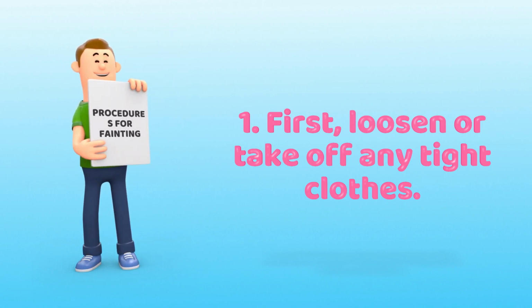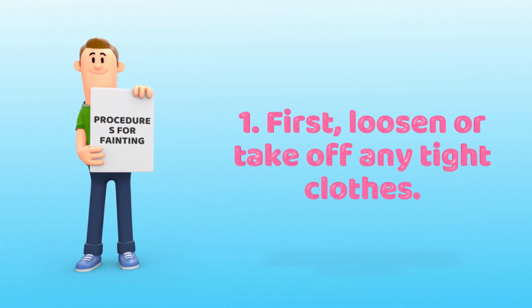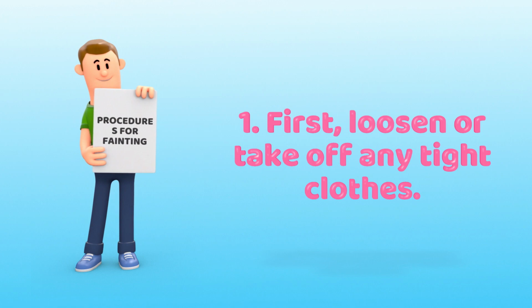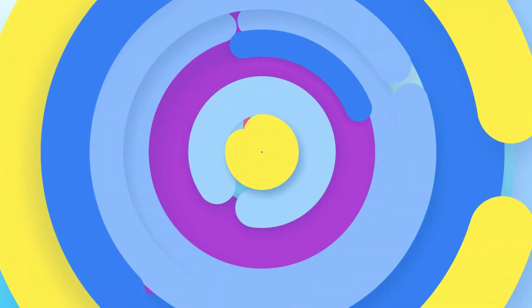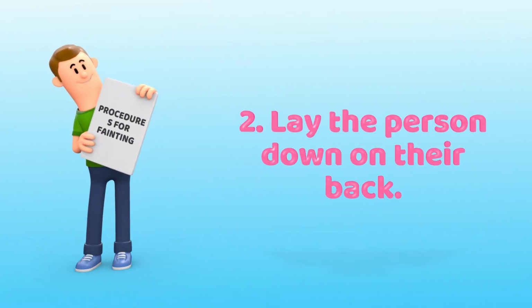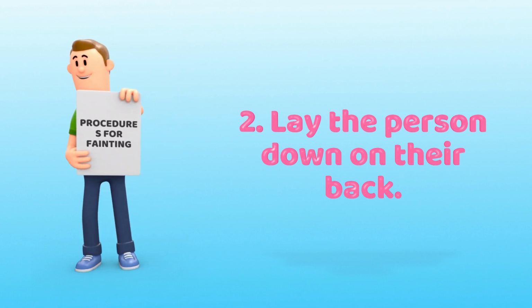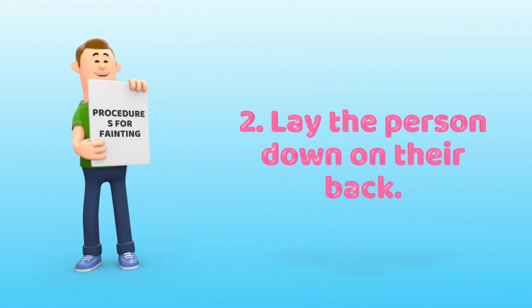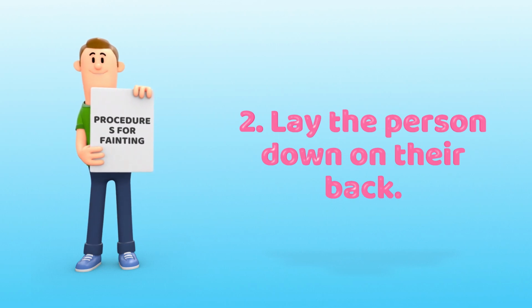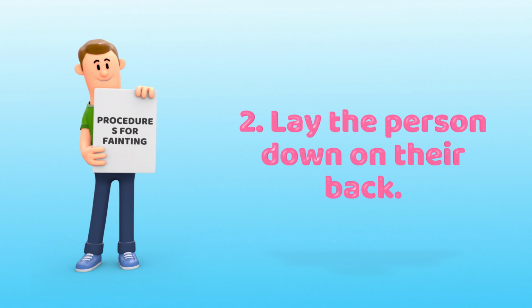First, loosen or take off any tight clothes. Also, try to lay down the person on their back. This will help them to have a good flow of oxygen and blood.